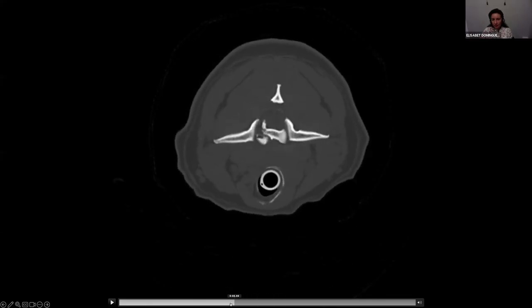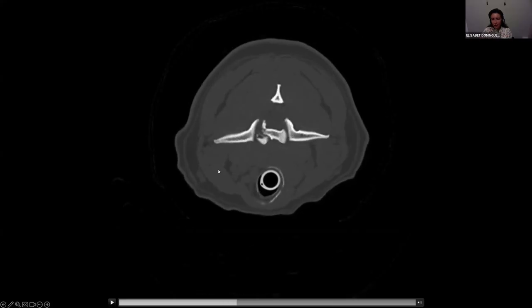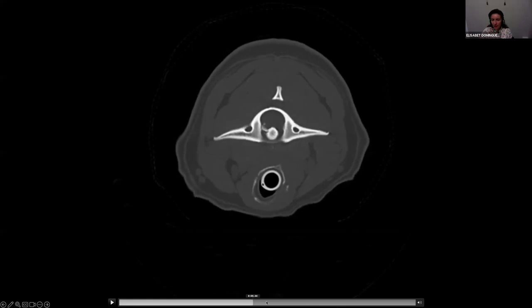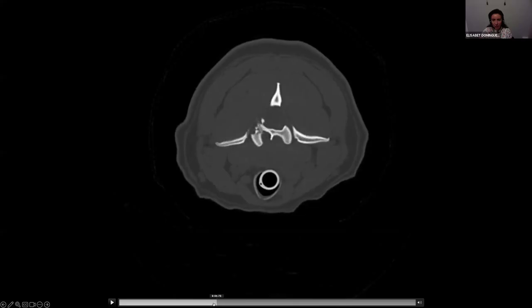In this study, it is really not possible to define with this algorithm if the spinal cord has any damage or not. And on the soft tissue algorithm, we couldn't see any visible or evident damage to the spinal cord. There was no evidence of intramedullary hemorrhage or extramedullary hemorrhage.